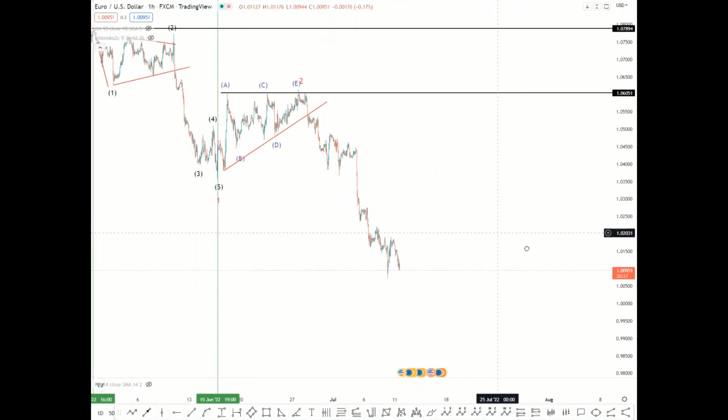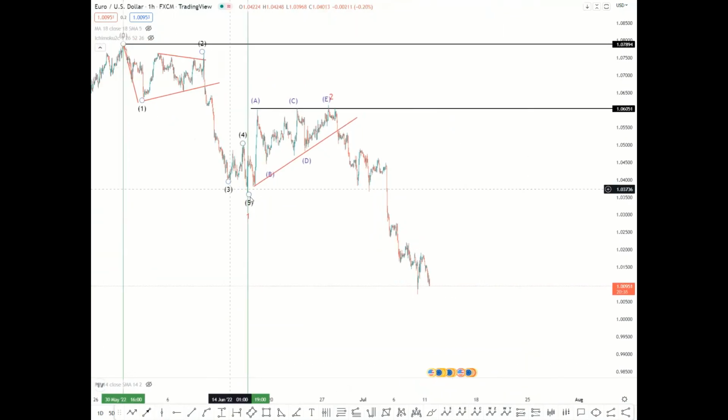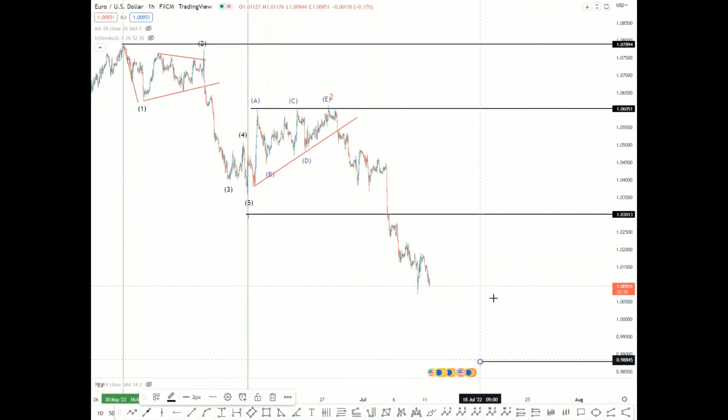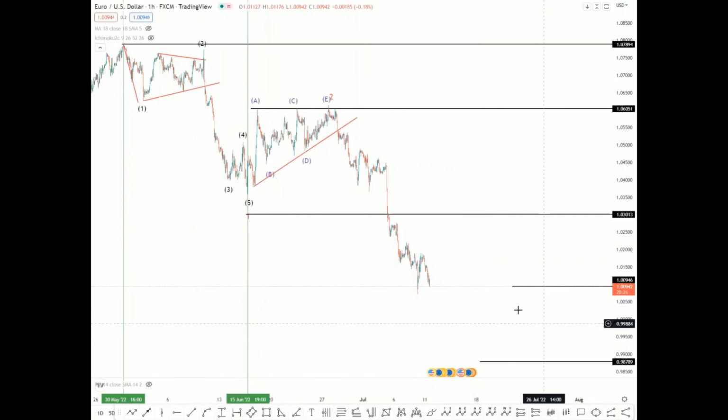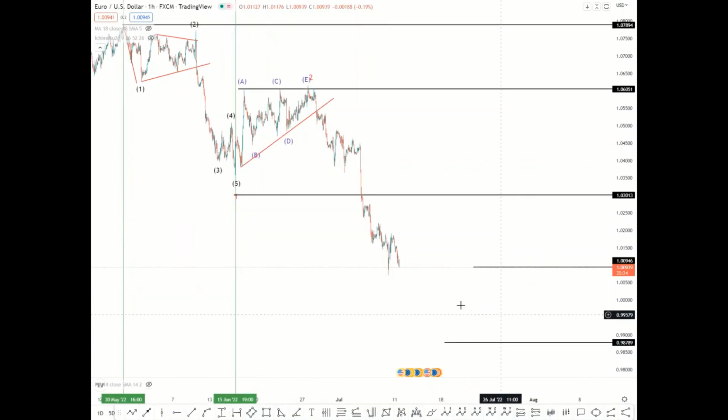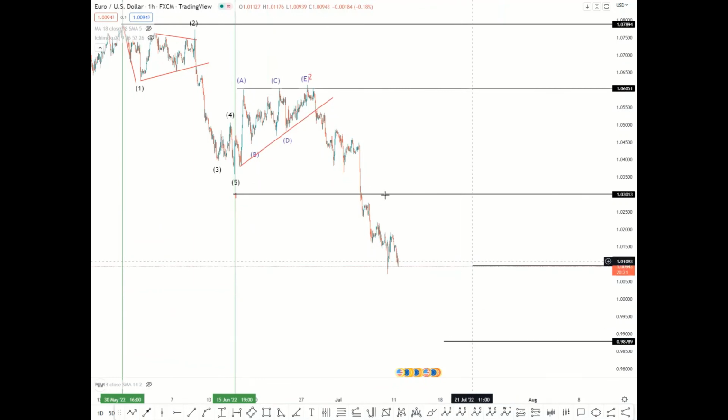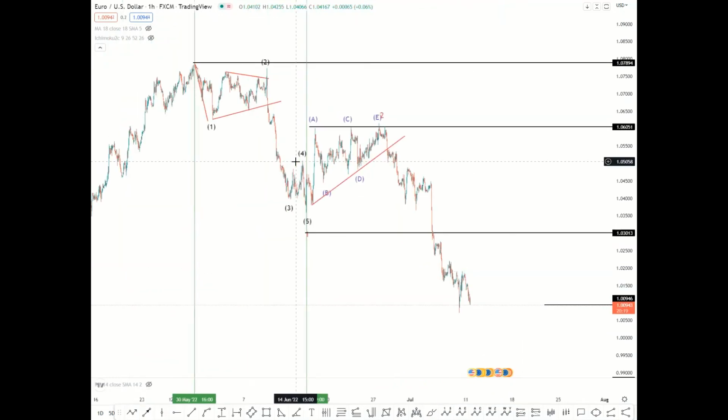Remember, your 4 can never touch the top of 1, so the 4 we're looking for must not come back to these points. If it makes 3 over here, your 4 must be over here, and then it gives you 5.